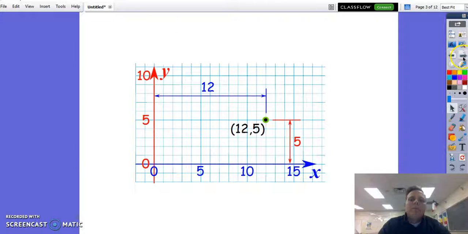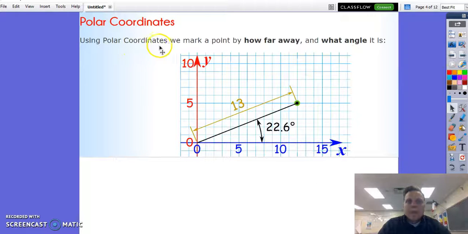Let's think about what a polar point is real fast. In a polar coordinate, we mark a point by how far away it is and what angle it is. That's why, as you heard me say in class, r is a directed distance, because we just mark by how far away it is. So for this example, our r is 13 and our theta is 22.6. Now a quick side caveat.